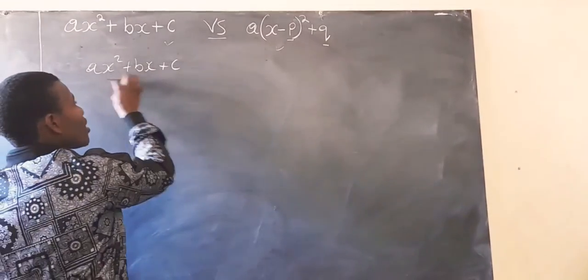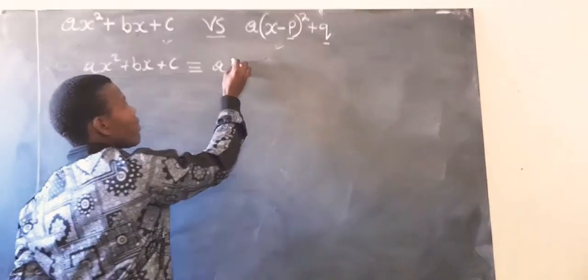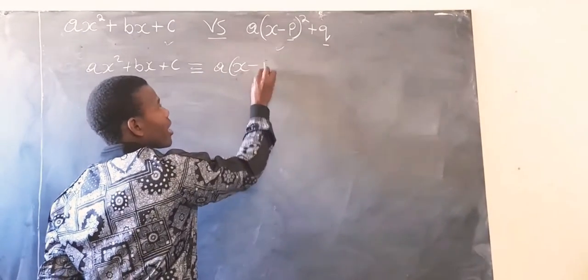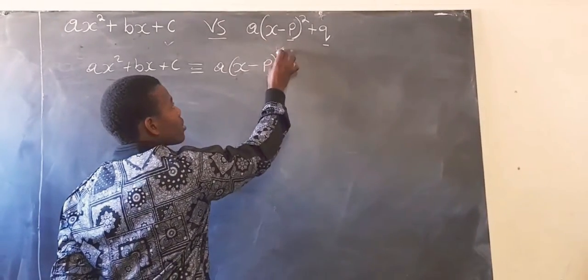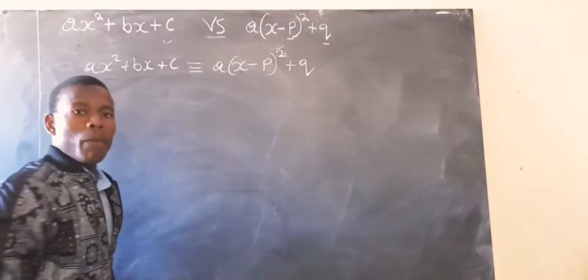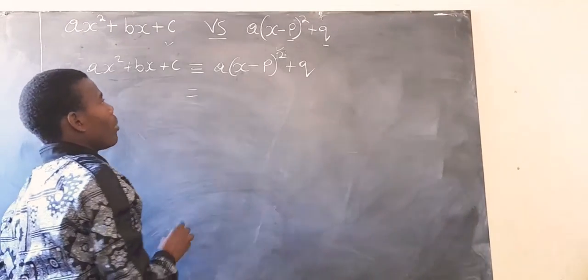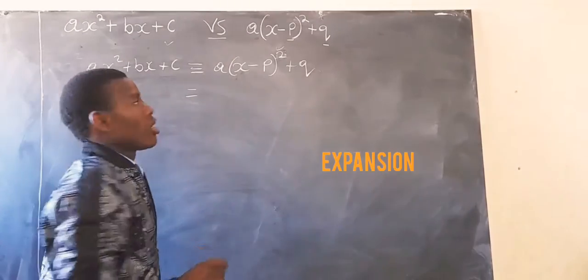We know that this is also equivalent to this vertex form, which is written as a(x minus p) squared plus q. How are they equal to each other? Let's find out by trying to expand that one.